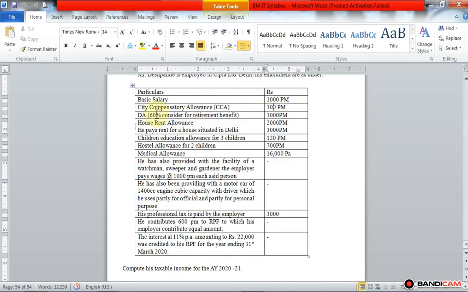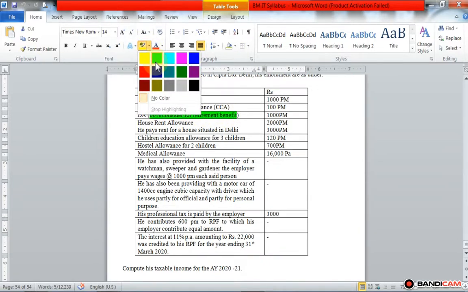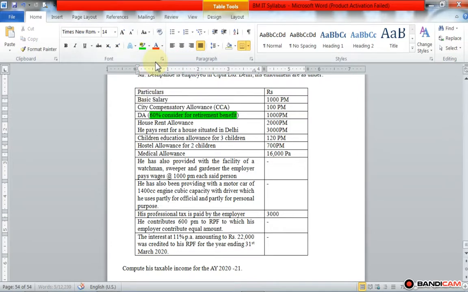Then DA, 60% considered for retirement benefit. This statement is very important while computing the salary for different purposes.